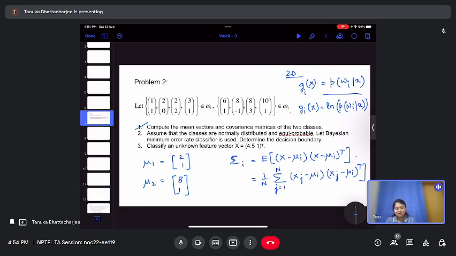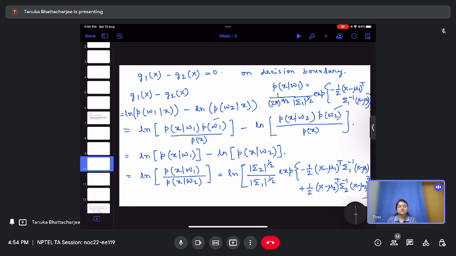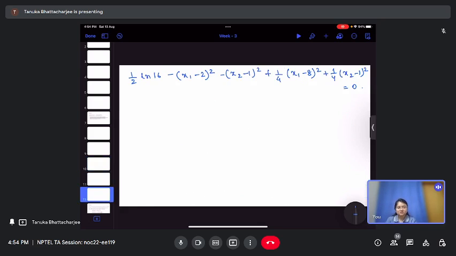Now let us move to the last part of the question. The last part is to classify an unknown feature vector x, 4 5 1 transpose, into the class omega 1 or omega 2. So we have the expression for the decision boundary, g1(x) minus g2(x) equal to 0. So g1(x) minus g2(x) is given by this expression.